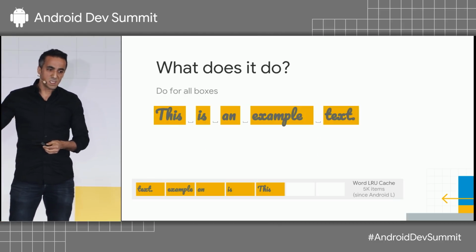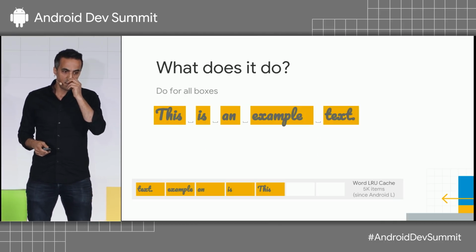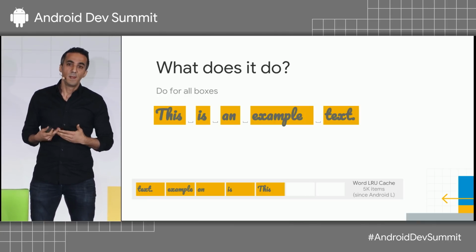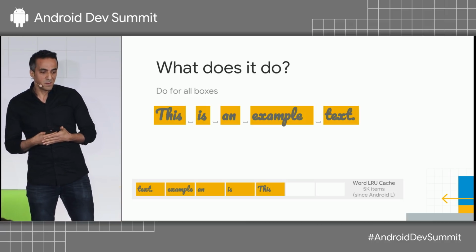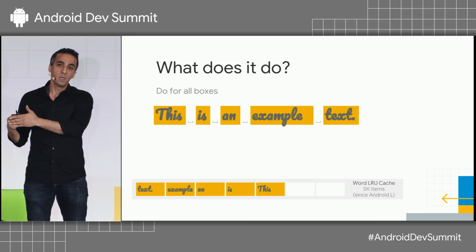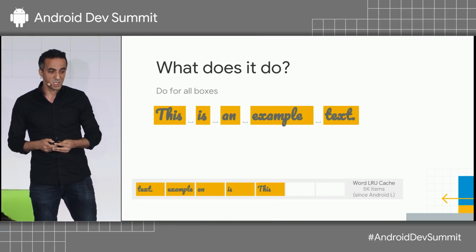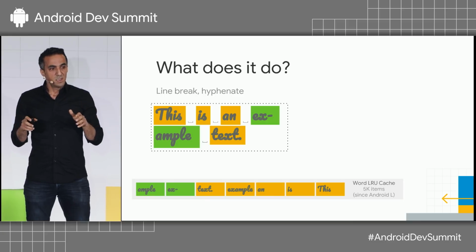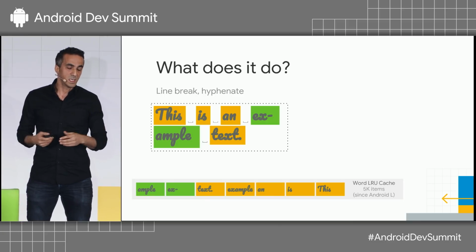The system applies the same rules for all of the words, and for each word that is measured, it caches them. One of the reasons to cache them is that just after a measure or layout, there will be a draw operation, and the draw will need the same information. Then it applies line breaking and hyphenation.